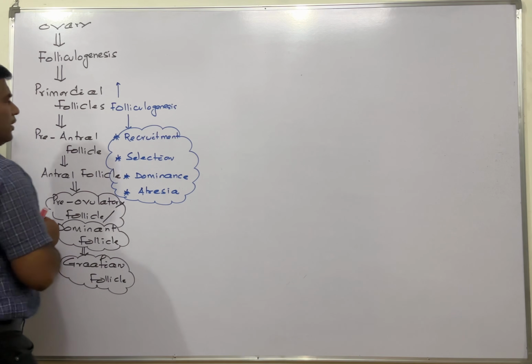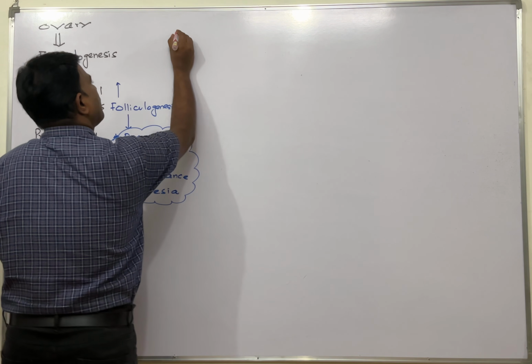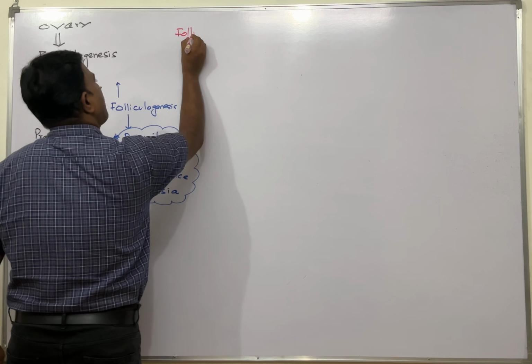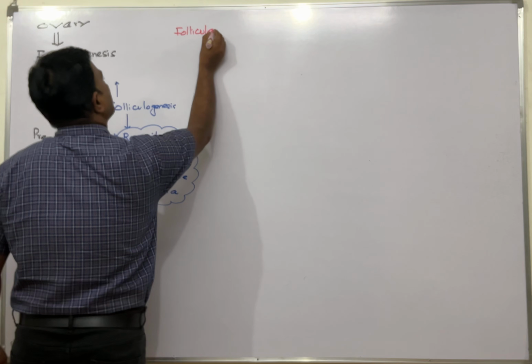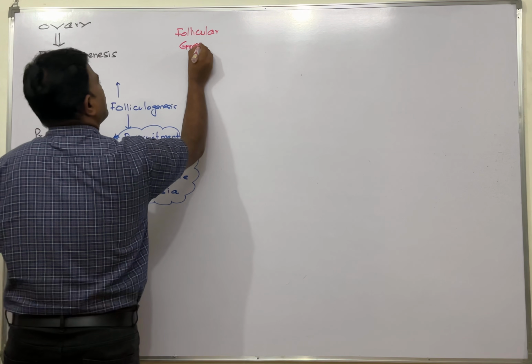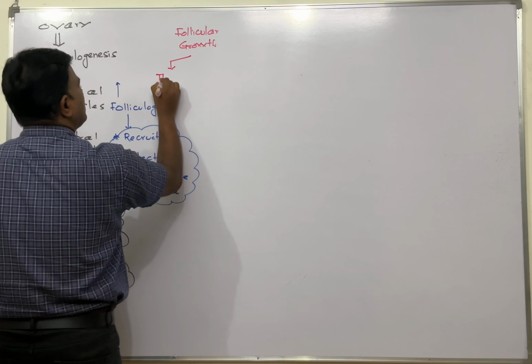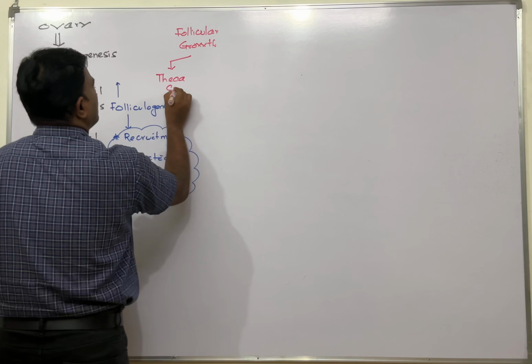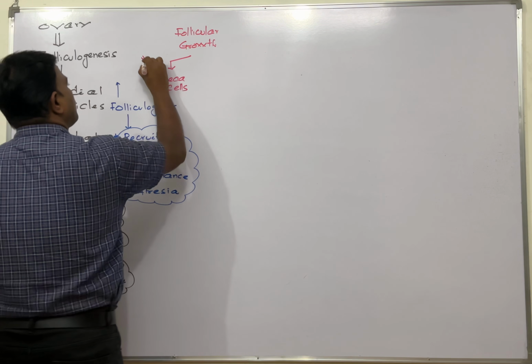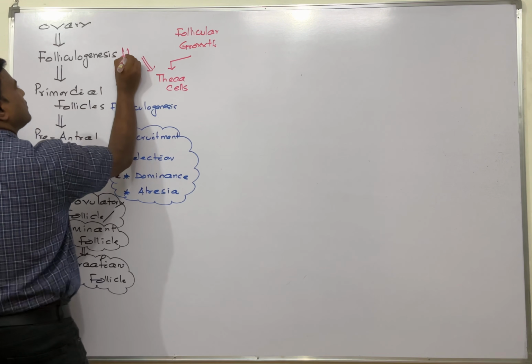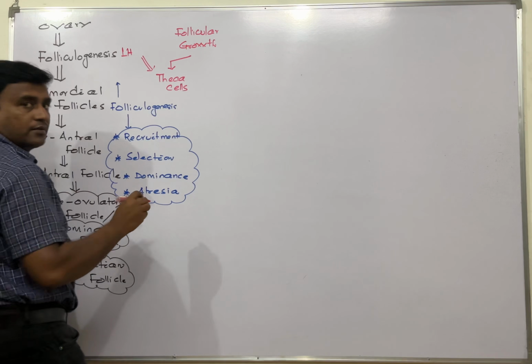Now during the time of follicular growth, and this point is important, two cells play a very important role. One is the theca cells, which are sensitive to the hormone LH because they have the receptors.